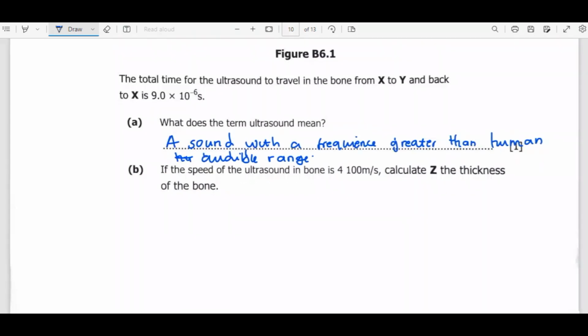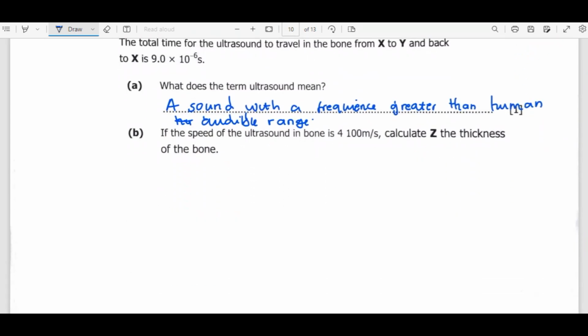Right, so move on to question B. If the speed of the ultrasound in bone is 4,100 meters per second, calculate Z, the thickness of the bone. So we are looking at the echo, so we are going to use the formula: speed is equal to 2 times D over time taken.